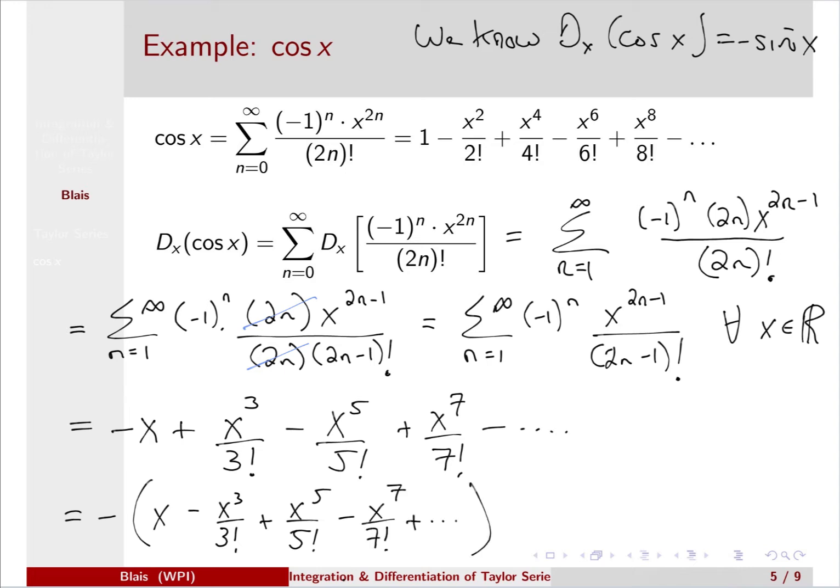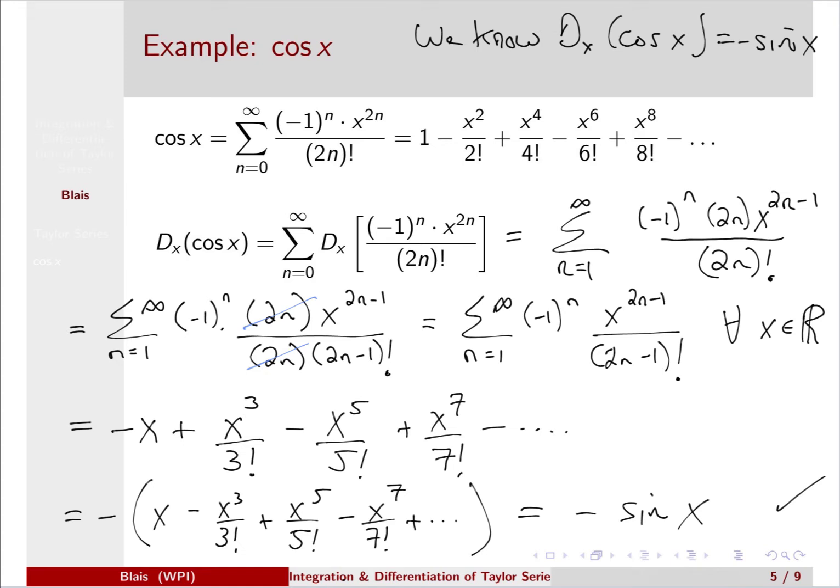And we recognize here that this was the Maclaurin series for sine of x, and so we see that we have minus sine of x here, which confirms what we already knew, but we can see that via differentiation of the series, the Maclaurin series for cosine x, we can get to the same result.